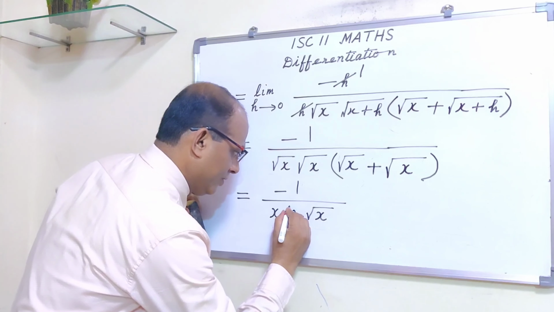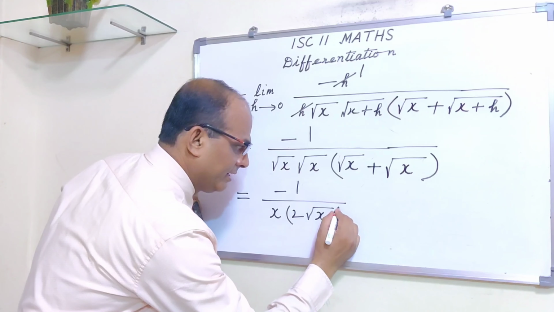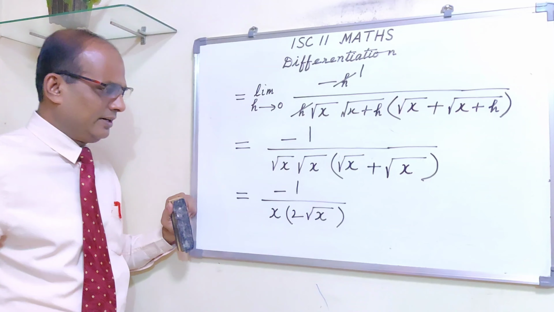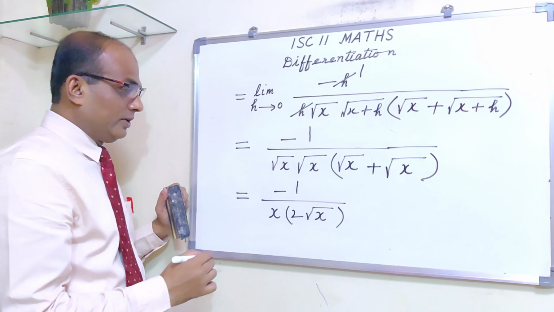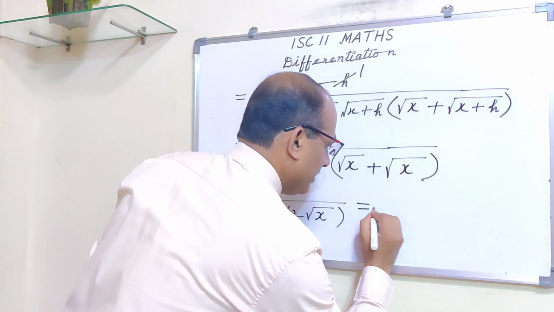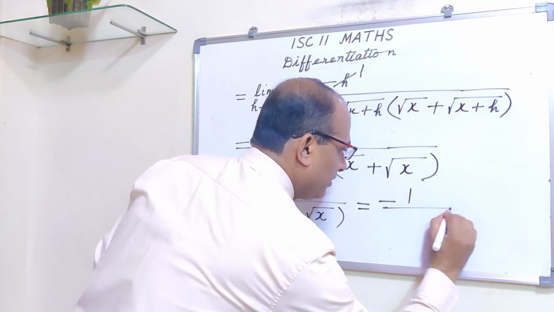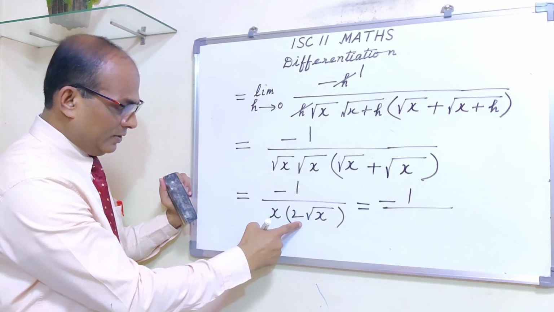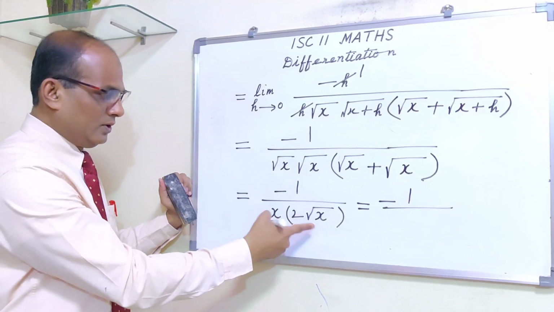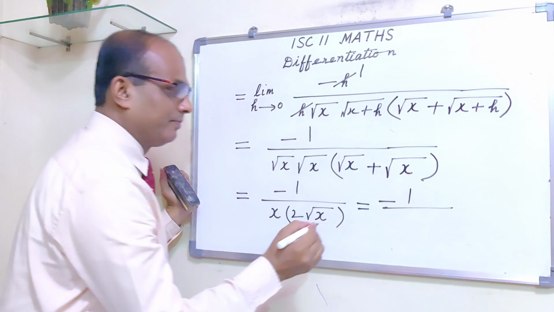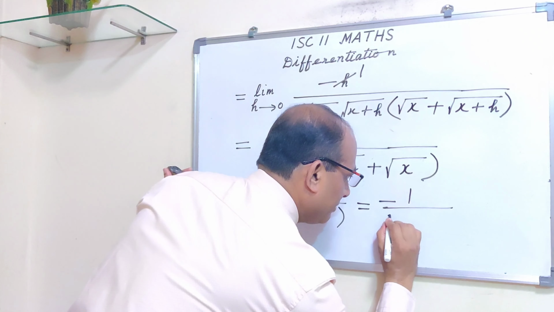If you wish, you can write it down within bracket. Now no need, but if you want, you can. And this total you can write as minus 1 upon 2 x root x.